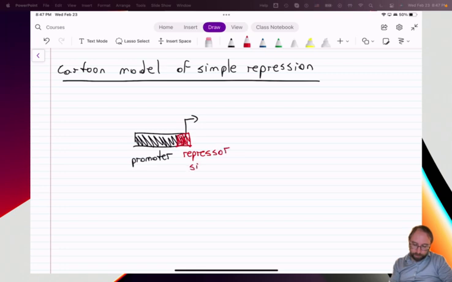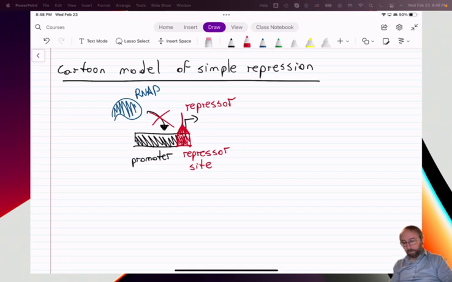But what I'm going to say is that when this repressor is bound, it doesn't let RNA polymerase, RNAP, bind to the DNA. So it's excluding RNA polymerase from the promoter.